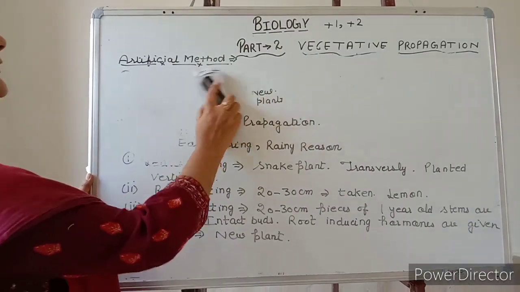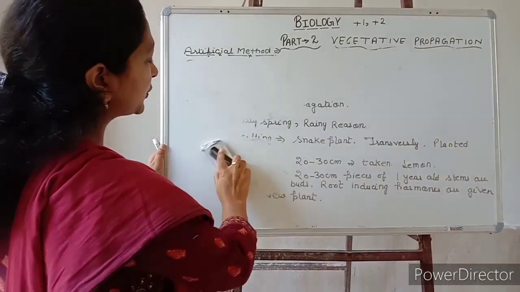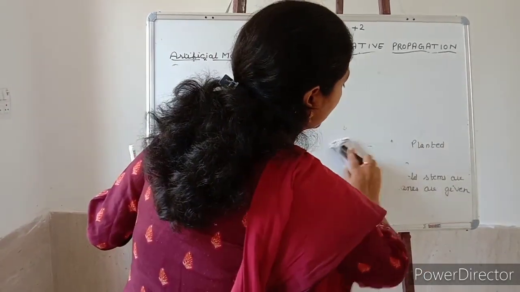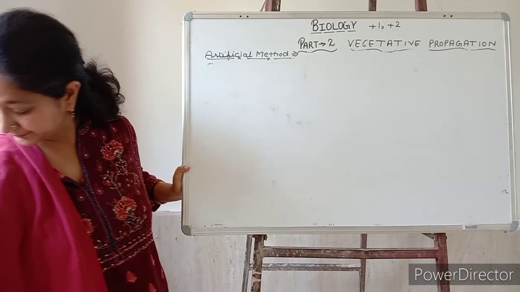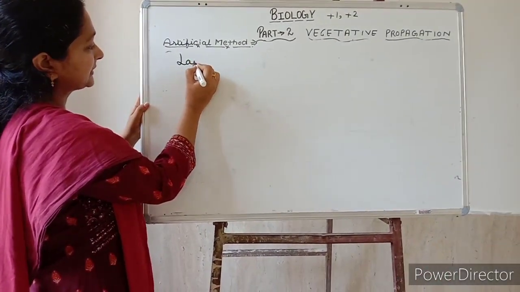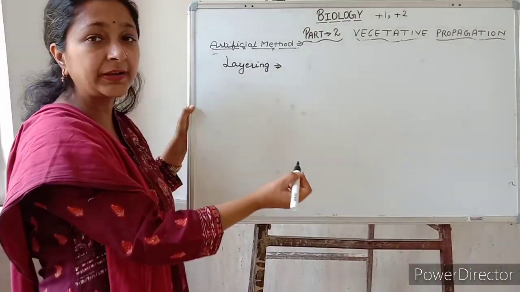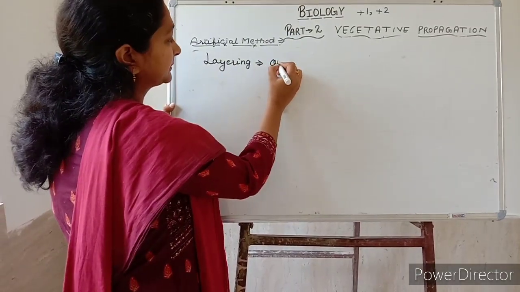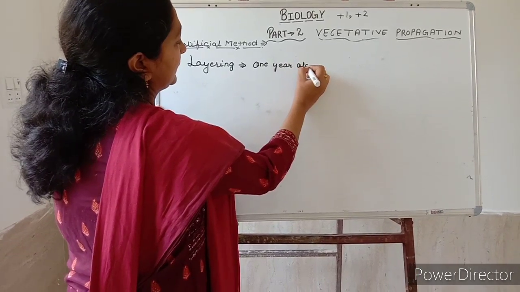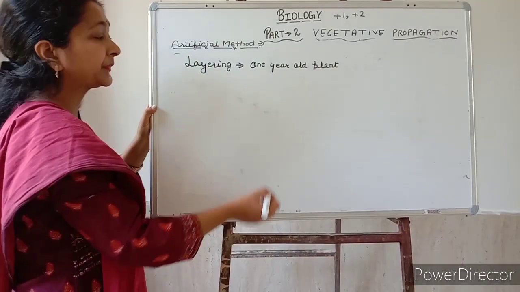Now the next artificial method is layering. In layering, a 1-year-old plant is taken.